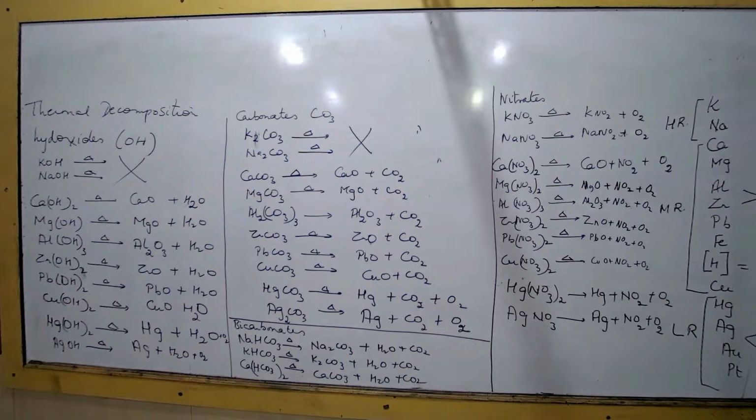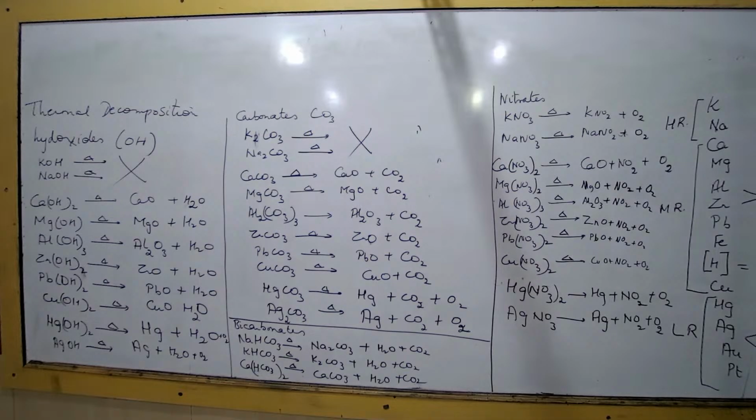Now pay attention. Looking at the board, they said, how will you perform these particular experiments if they are given to you in the classroom? Suppose you are asked to take lead nitrate.